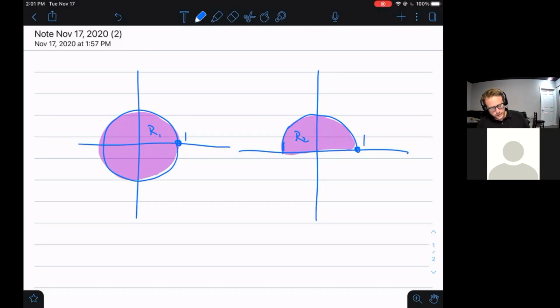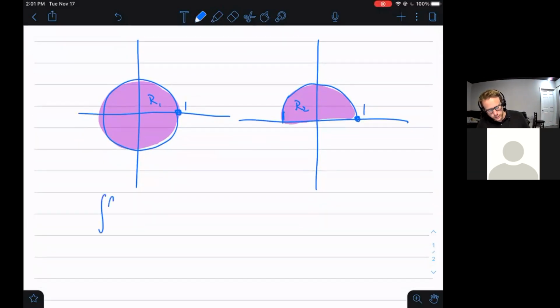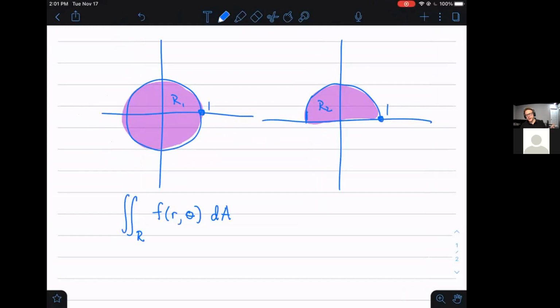And then it says, if you were to do the double integral across R1 of some function, and of course, if you were actually doing the integral, it'd make a lot of sense for this to be in terms of r's and thetas, so r dr d theta there. For setup though, you could just do x's and y's as well.